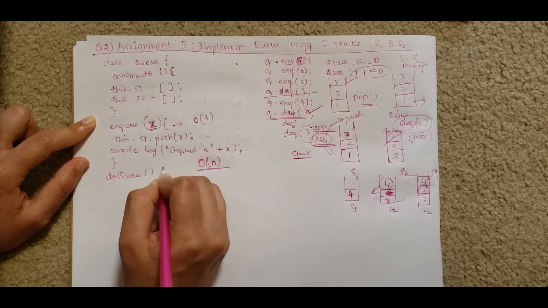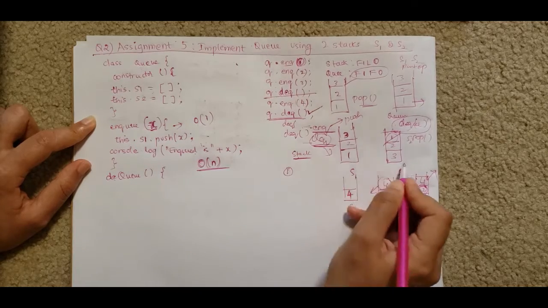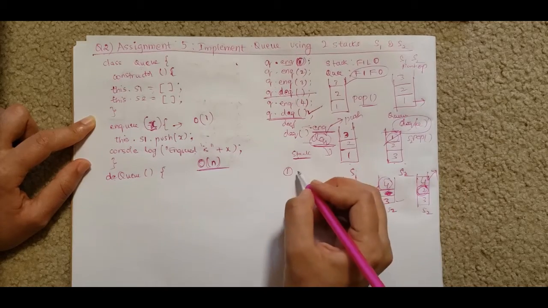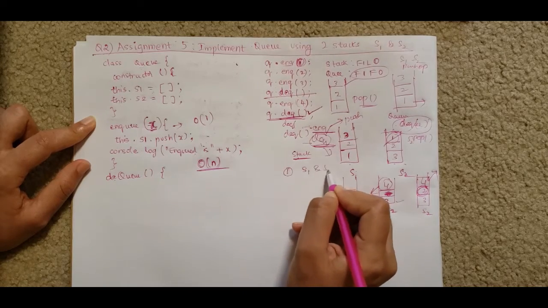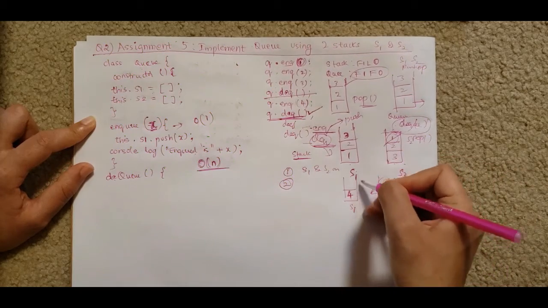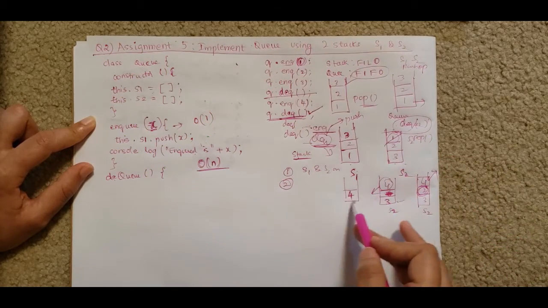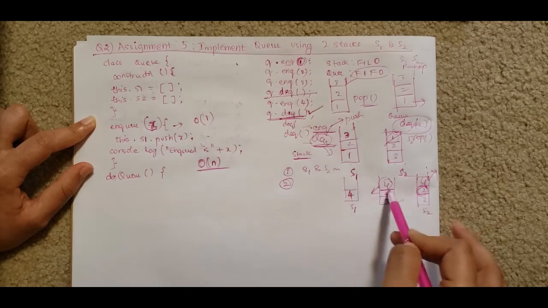Dequeue function. First, there are three conditions. First, if both S1 and S2 are empty for the dequeue operation, then it should show that S1 and S2 are empty. Second, if S1 is not empty but S2 is empty, then we should move from S1 to S2.